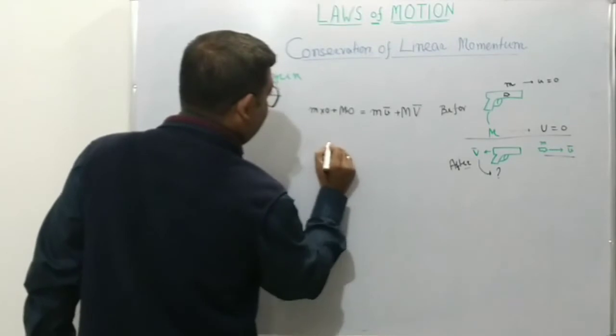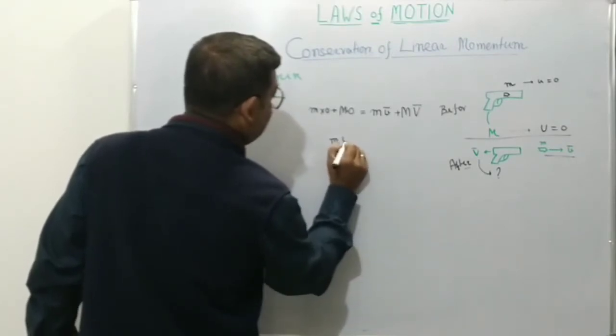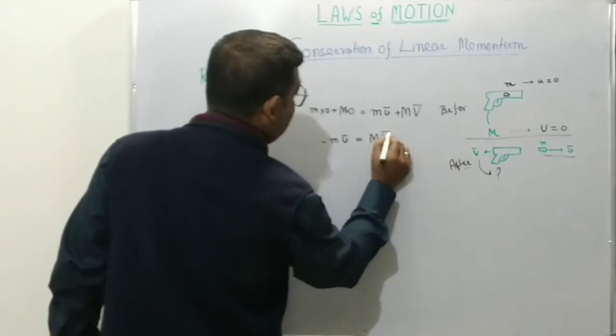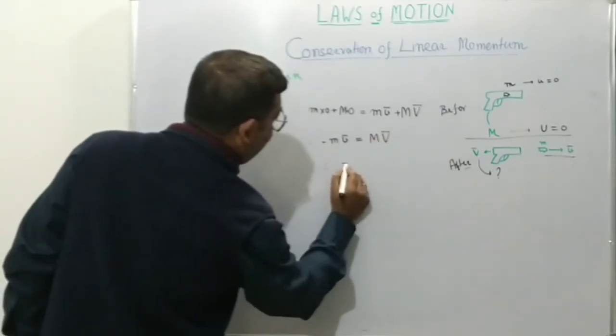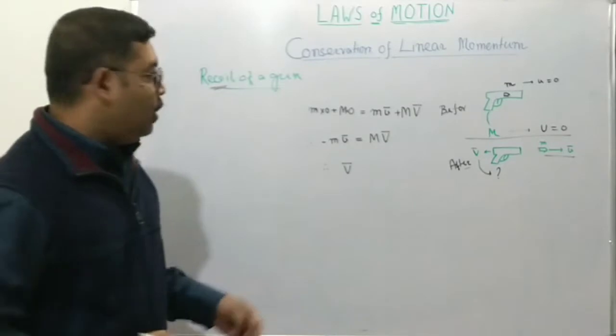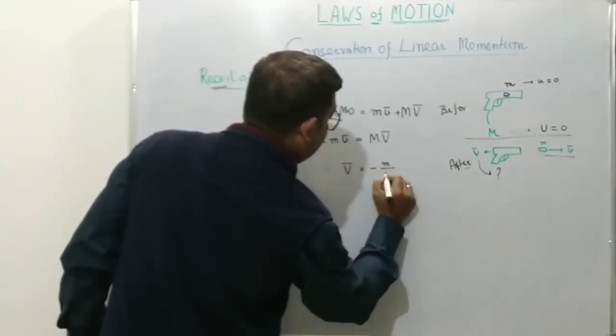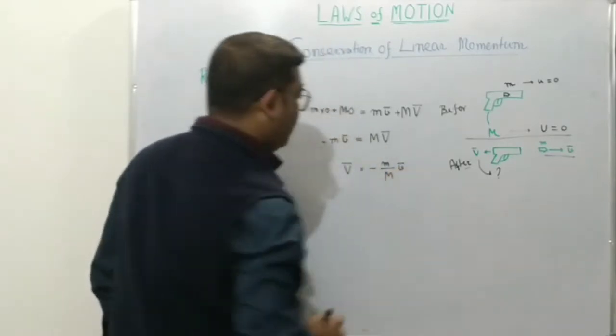So we have 0 = m small v plus M into capital V. Therefore, the velocity with which the gun will recoil will simply be minus m by M into small v.